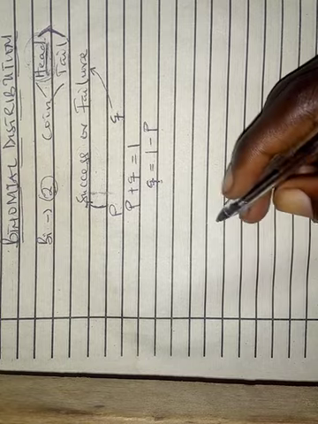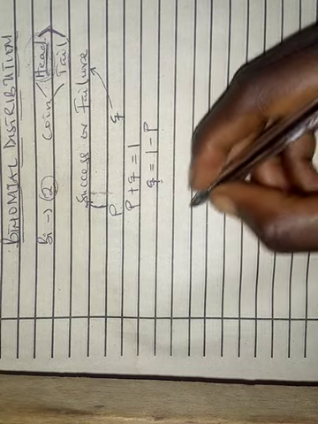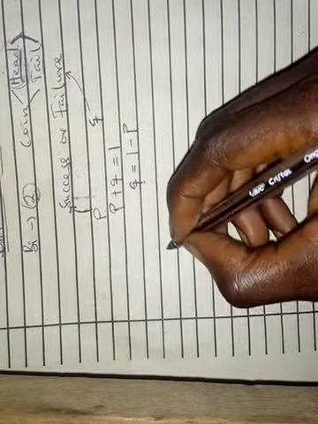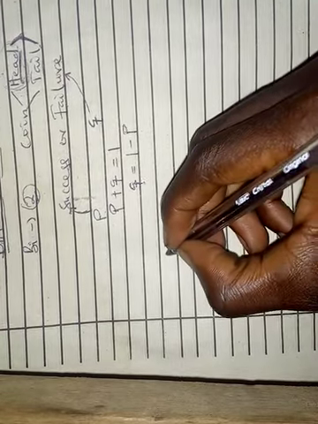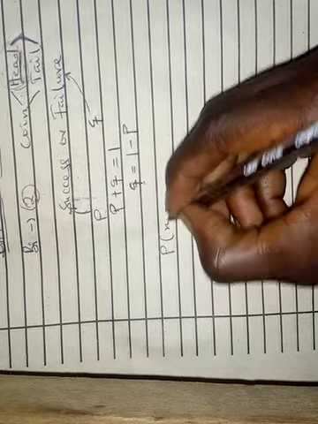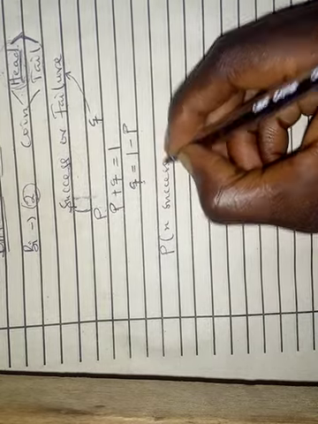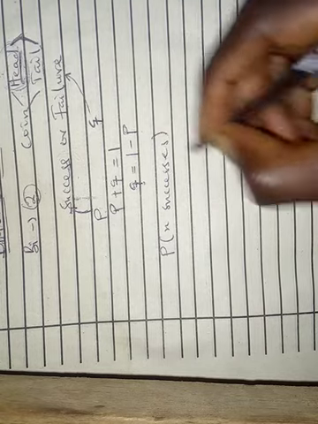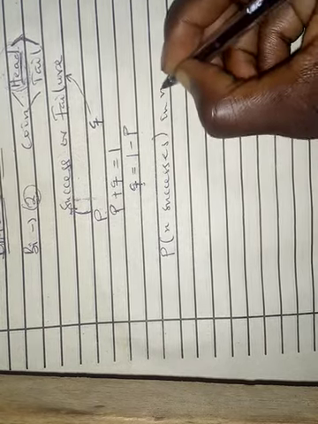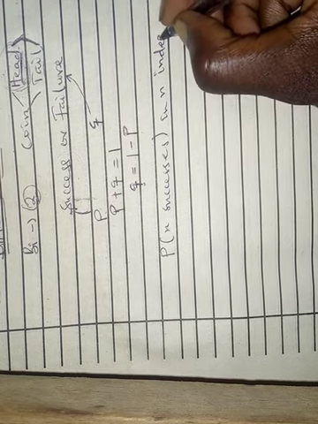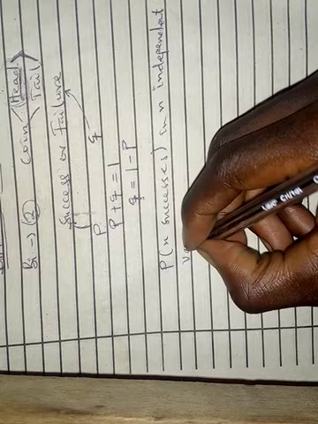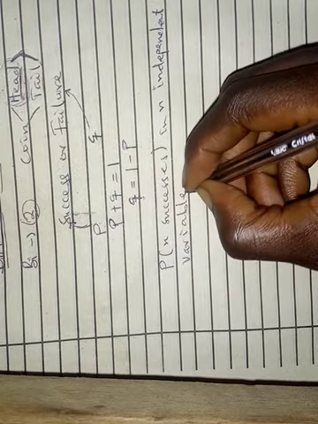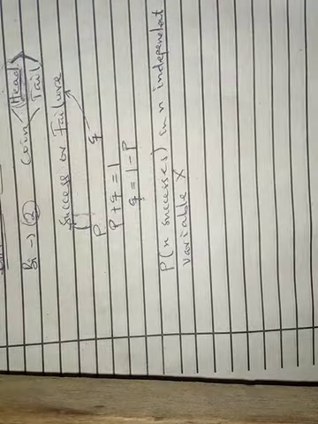Now let's define the probability of getting X successes in n independent trials.